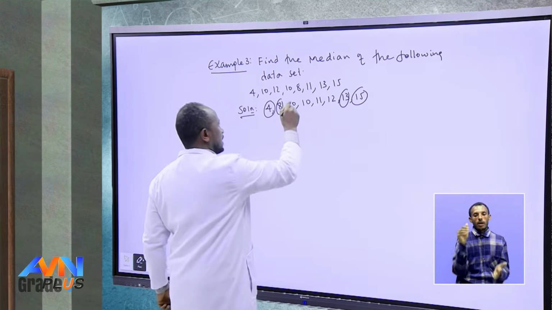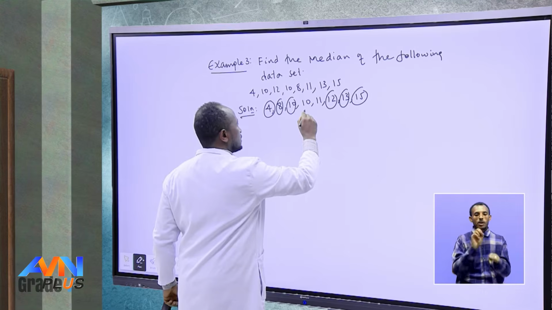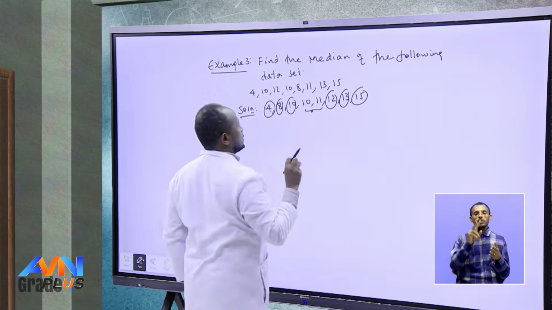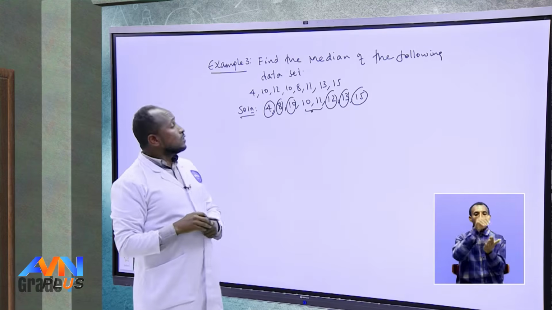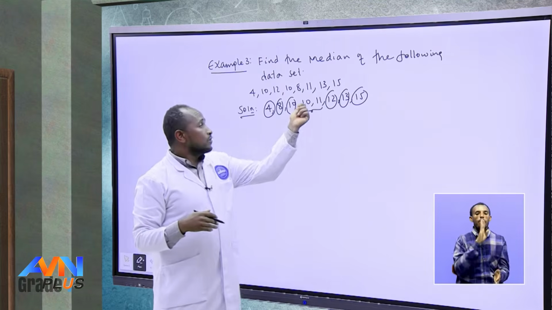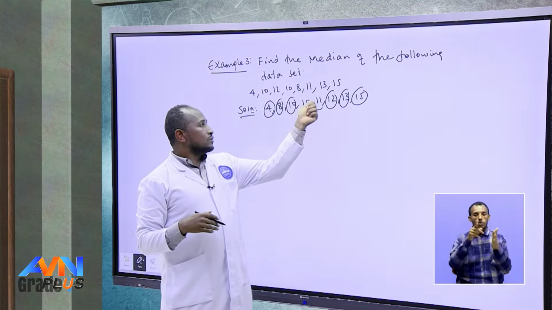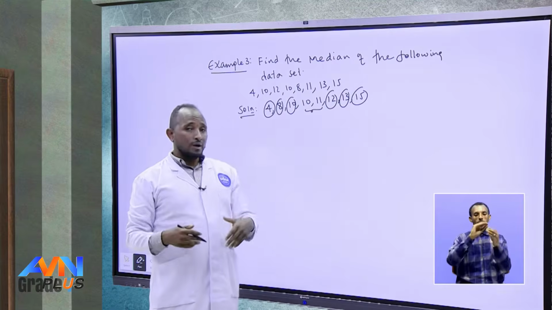And again, let's cancel 10 and 12. So here, 2 values remain in the middle. In this case, the median will be the average of these 2 values. That means you add these 2 data values and you divide by 2.